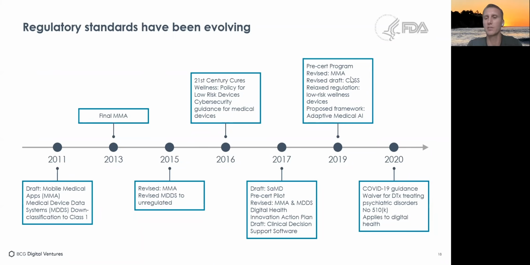We've been very encouraged to see the FDA making big strides here over the last decade. And I'd like to highlight two specifics, the last two. So first, in 2019, they began the pre-cert program, where there was an acknowledgement that they didn't necessarily need to approve the product distinct from the capabilities of a company.